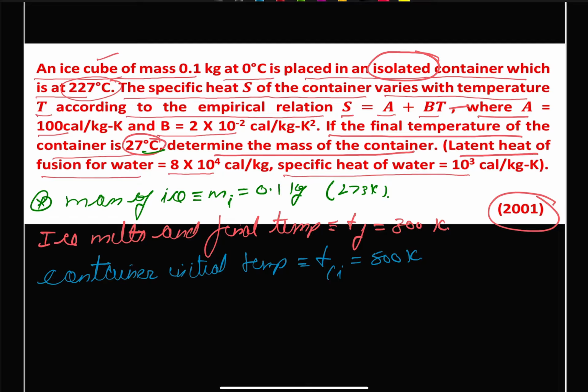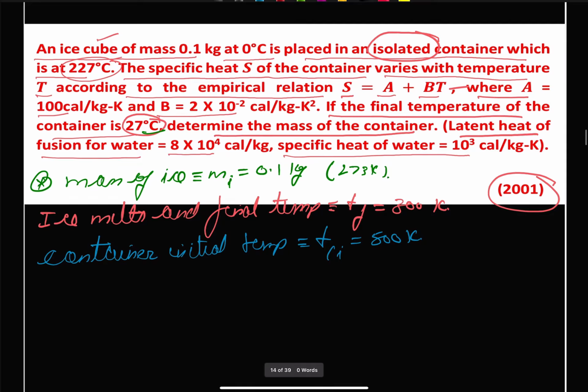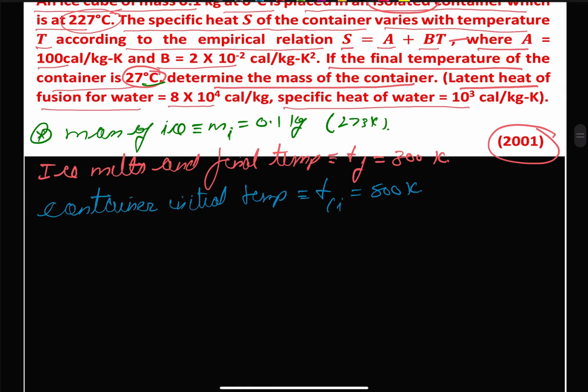And the rest of the things are quite simple, no need to go into the details. So first of all, we are going to find out, okay, an isolated system is there, so we can say that we are having an isolated system.